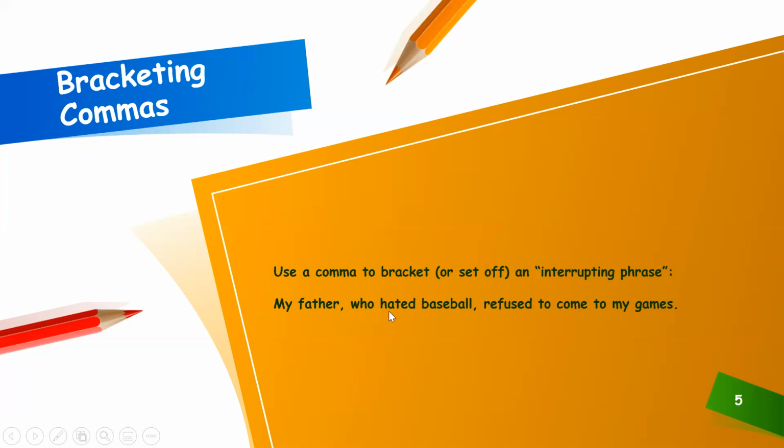The way that you know if you should place commas around a phrase like this is that you should be able to take this phrase and remove it from the sentence completely, and the sentence still reads well. My father refused to come to my games. That's a good sentence. It doesn't offer as much detail or explanation, but my father refused to come to my games is in fact a full correct sentence. So when you're adding in a little bit of extra information that is not required for the sentence to be grammatically correct, you offset that phrase with a comma before and after it.